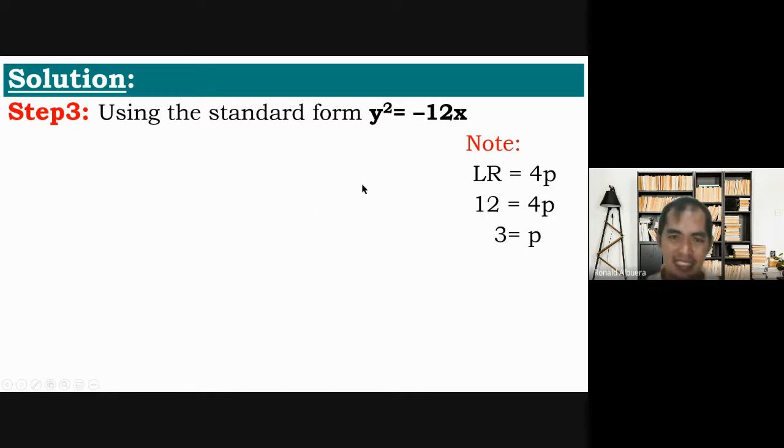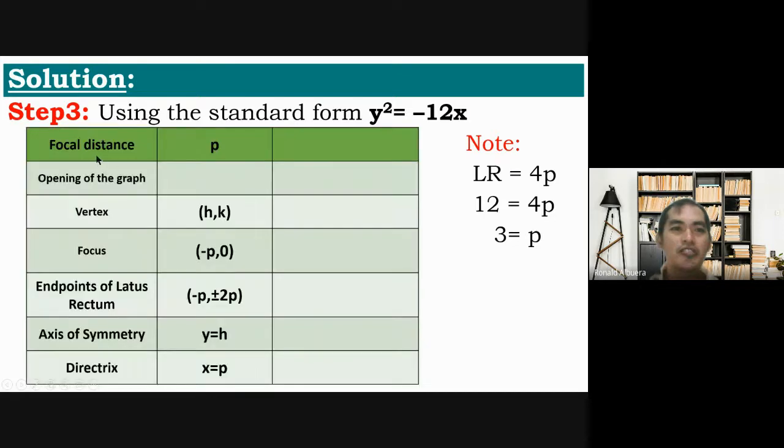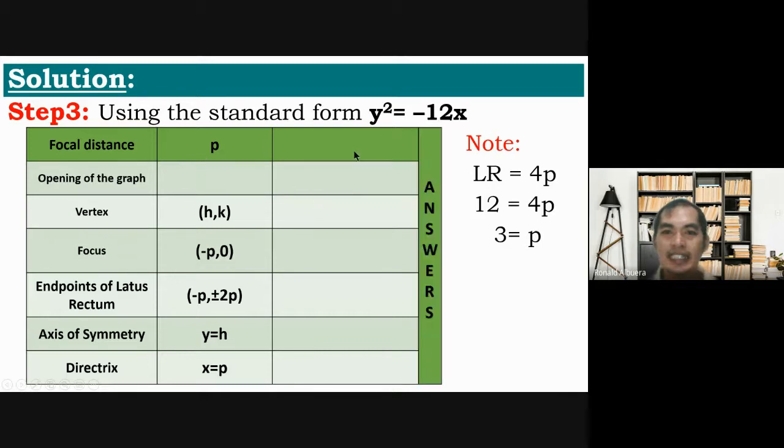And then, kunin mo na lang yung formula. Kasi formula ang solution natin. Okay? Ito yung formula na kukunin natin when the graph is sideward. Okay? Our focal distance P is 3.